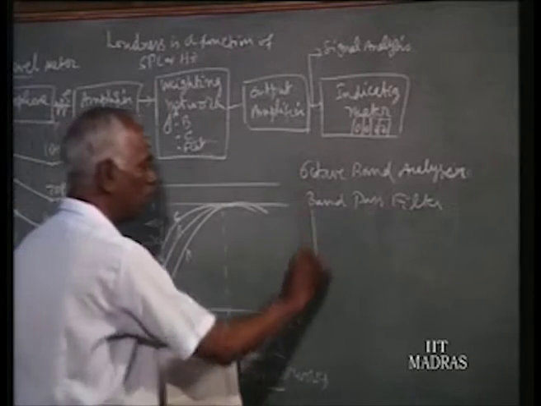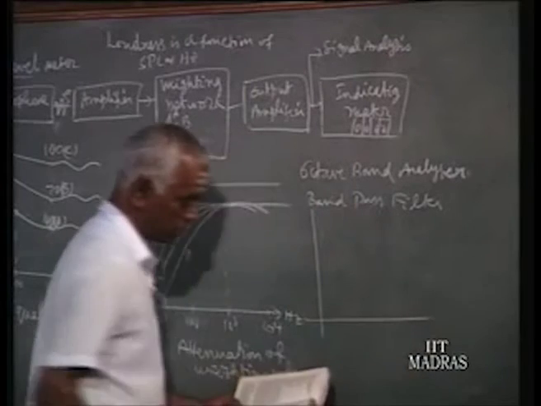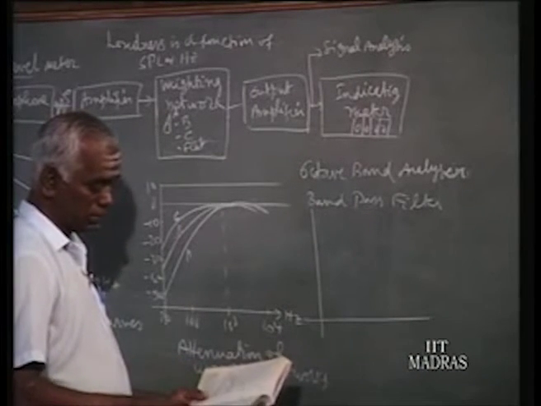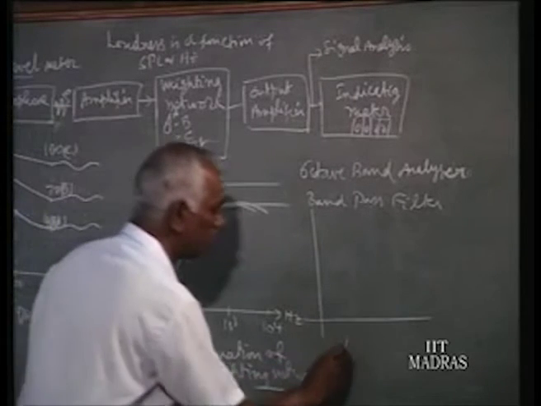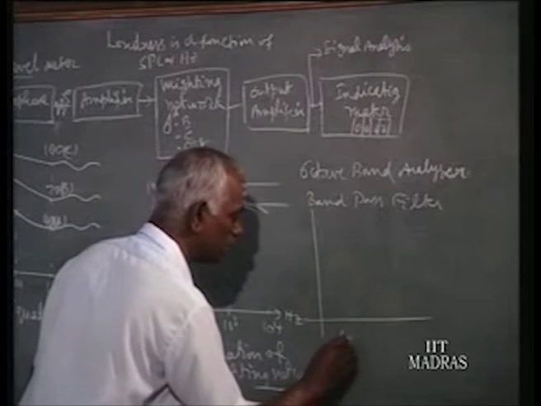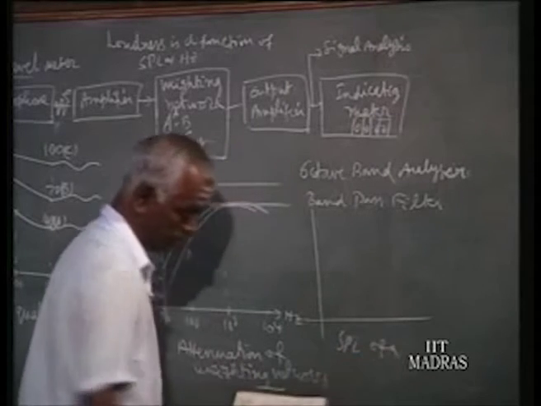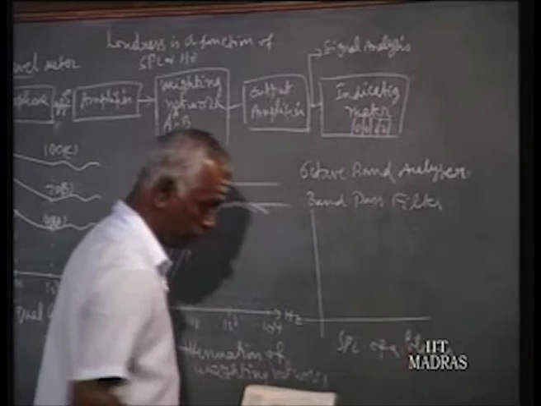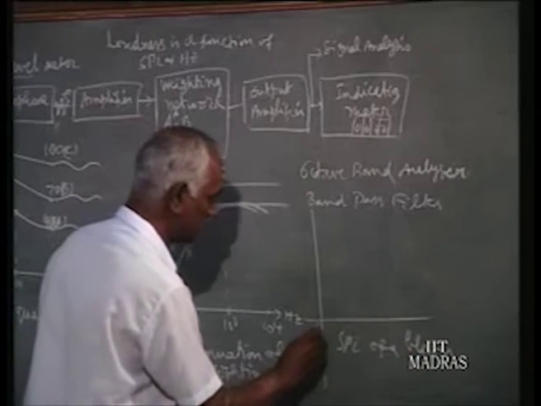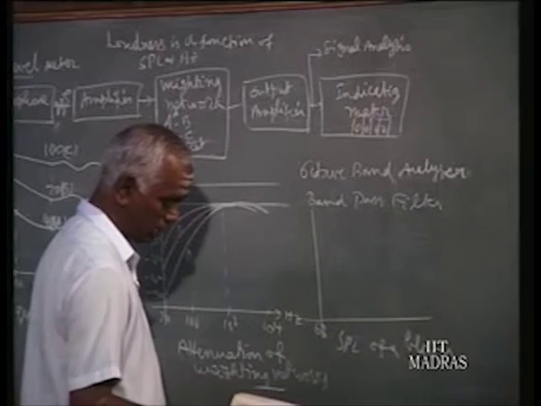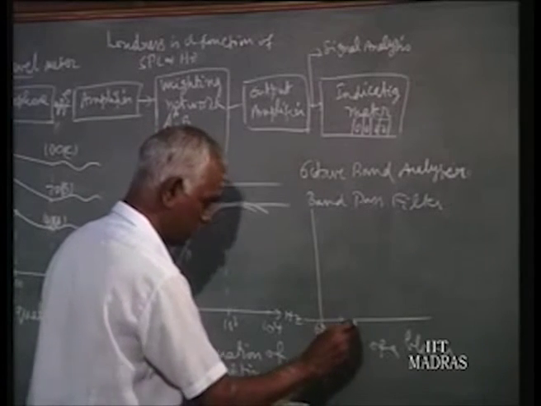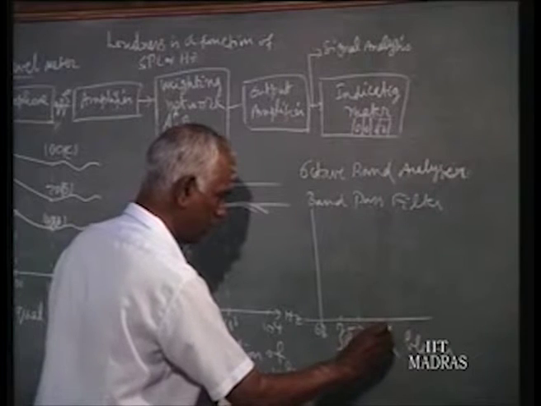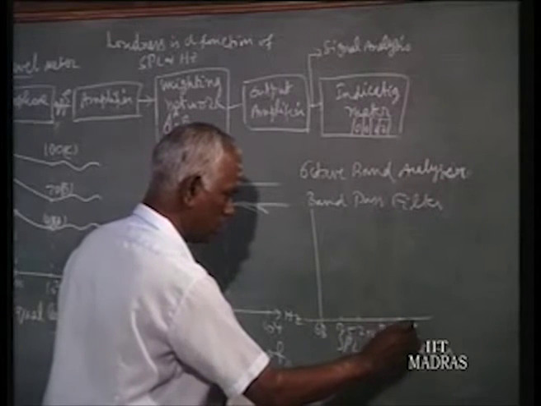For example, I got a plot for a blower, an electrical motor, of how much noise it has made. This is the plot of SPL of a blower, measured value. Here it is 63 hertz, one center frequency, the other center frequency 125, then 250, 500, 1000, 2000.